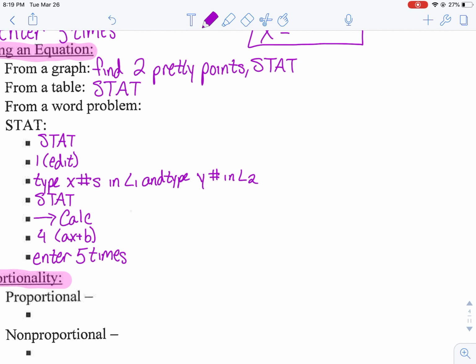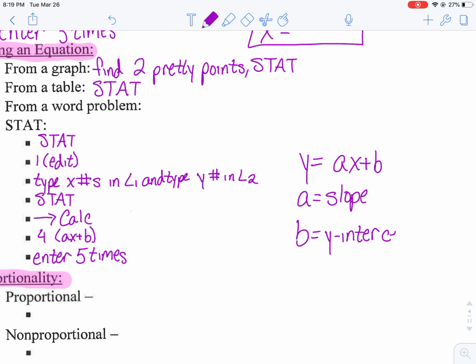So just as a reminder, when I use STAAR, it's going to give me two things. My calculator is going to say y equals ax plus b. A is equal to some number, and b is equal to some number. Just a reminder that that a is my slope. That b is my y-intercept.